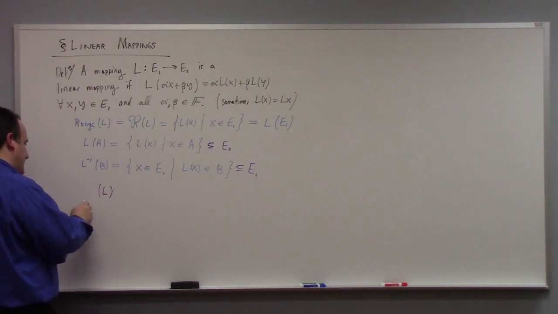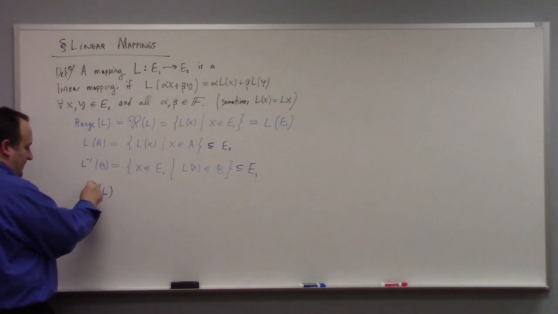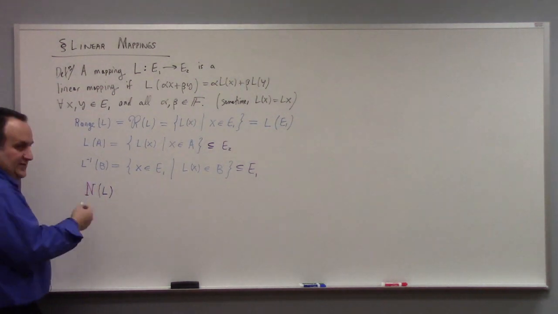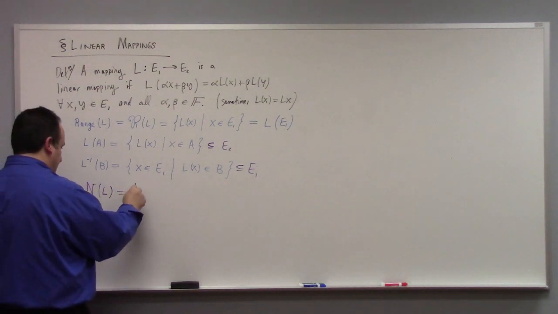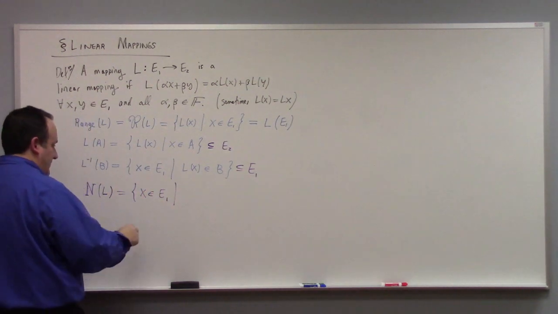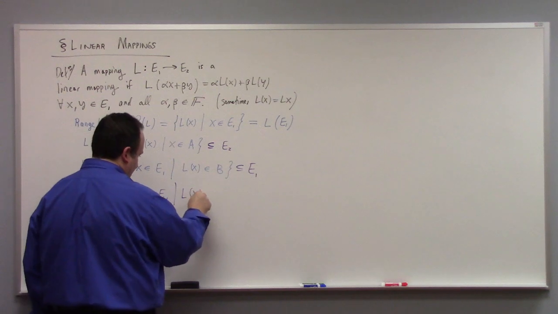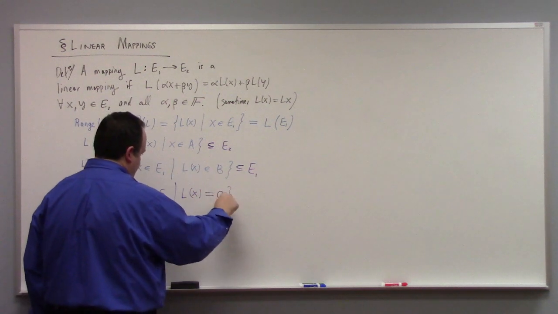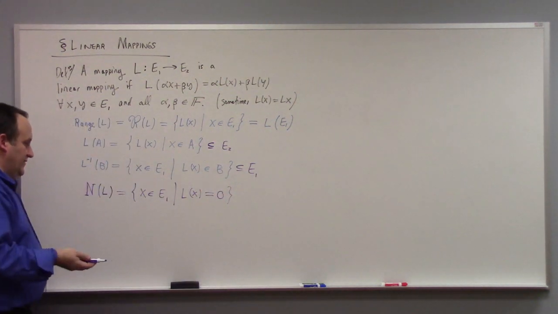I'm just gonna write it like this for now, and I'm gonna add some feet there. Now it's fancy. So the null space of L, that's x in E1 such that L of x equals 0, right? So it's the set of all points which map to 0.